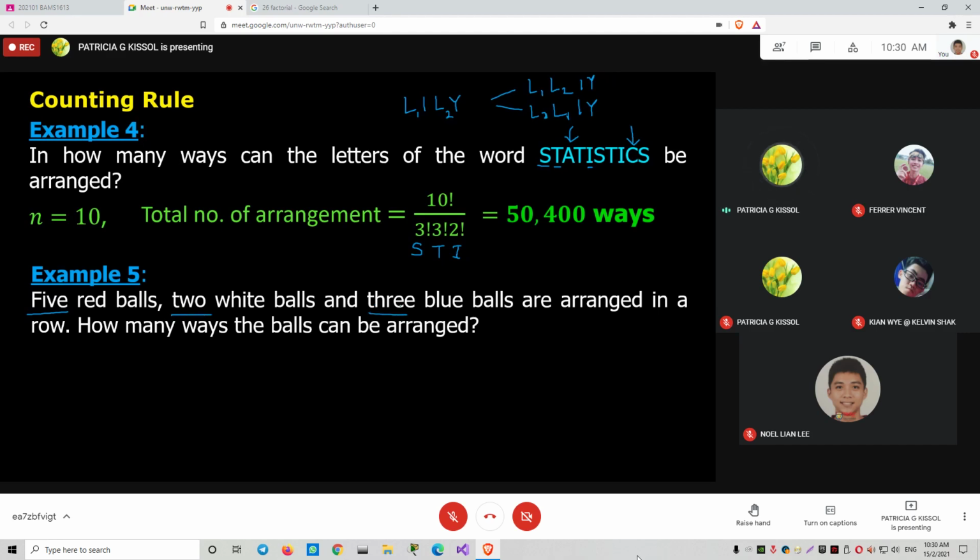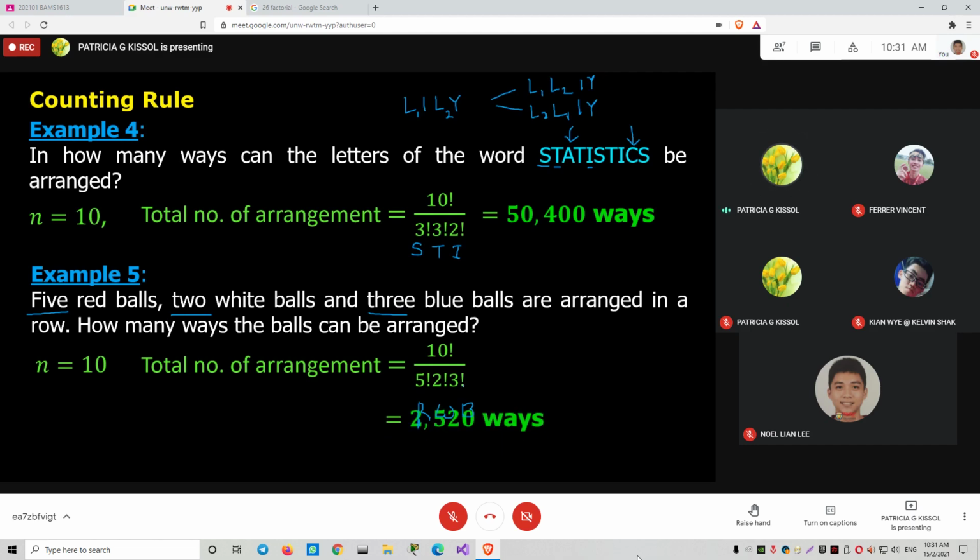Again, there are 10, but 5 are red, 2 are white, and 3 are blue. So red, there are 5, that's why it's 5 factorial. The white, there are 2, and the blue, there are 3. So this will give us only 2,520.